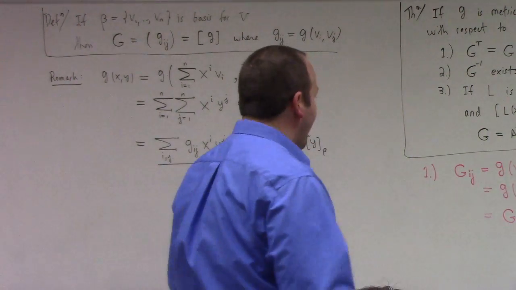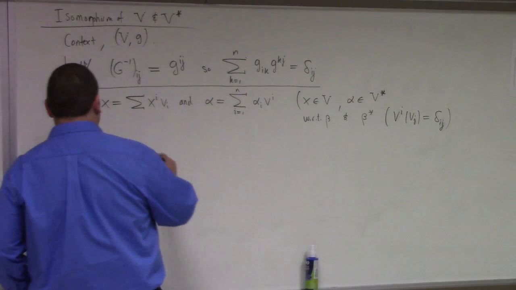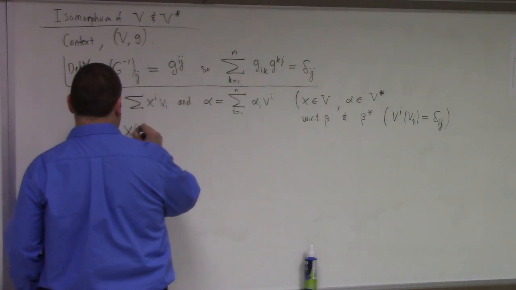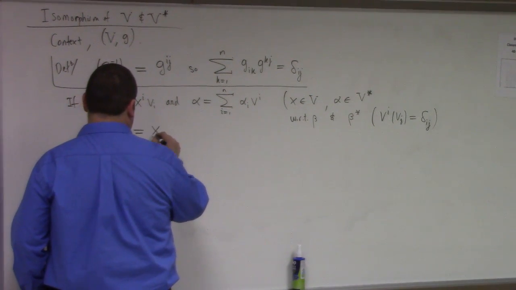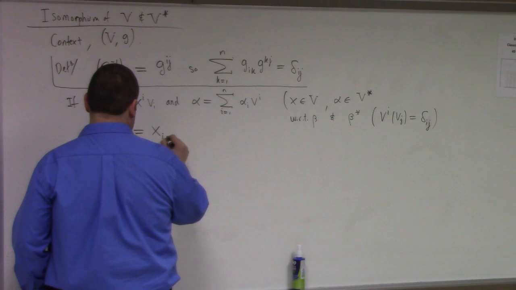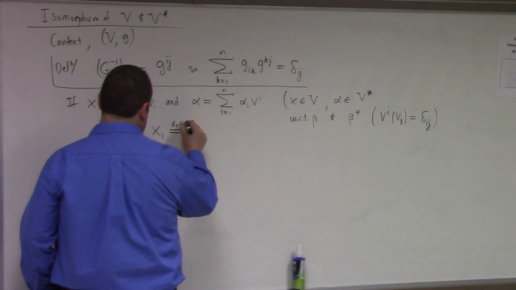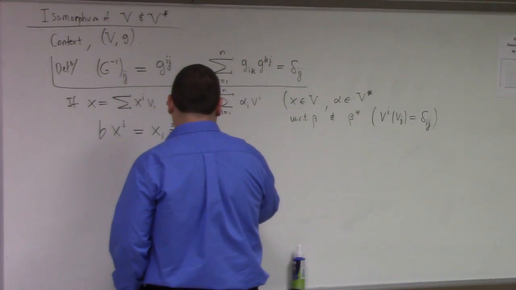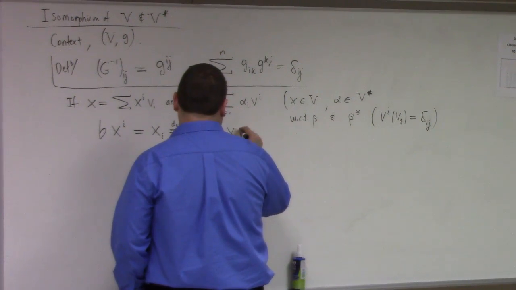Flat of x upper i is equal to, this is notation, x lower i, but by definition, that means the sum, j equals 1 to n, of g lower ij, x upper j.